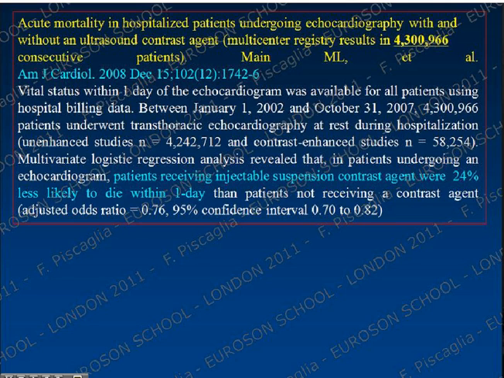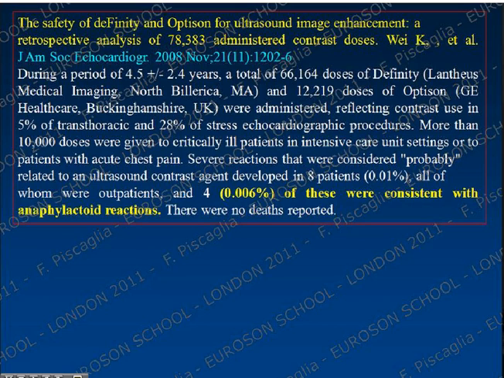So following this retrospective study, one should state not that it is not recommended in cardiac patients, but that it is recommended in cardiac patients. And so all these studies, even this one, which was performed on 66,000 cases, so these are very big studies with both contrast agents utilized in the United States for echocardiography.